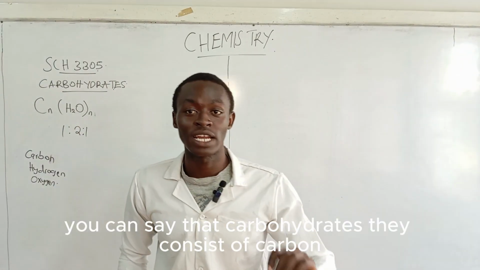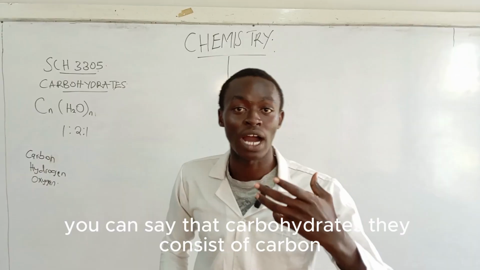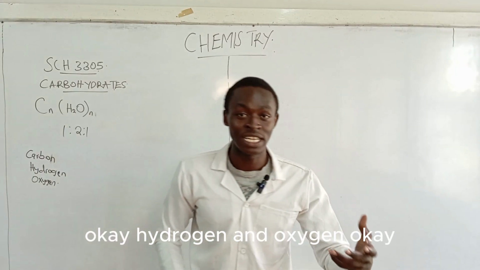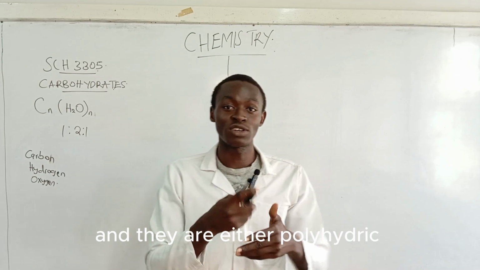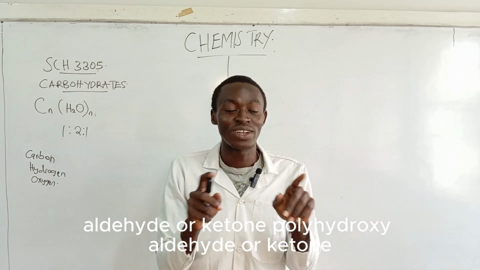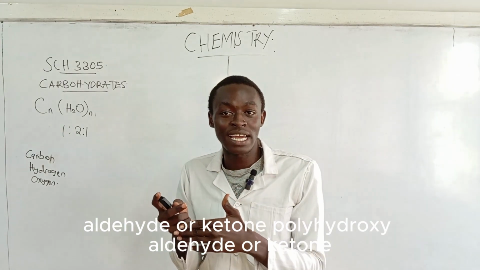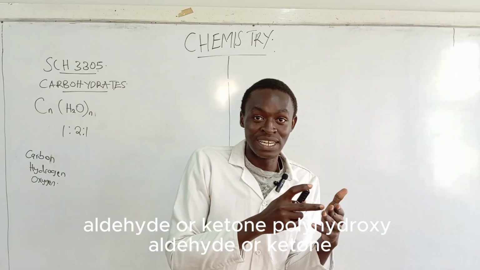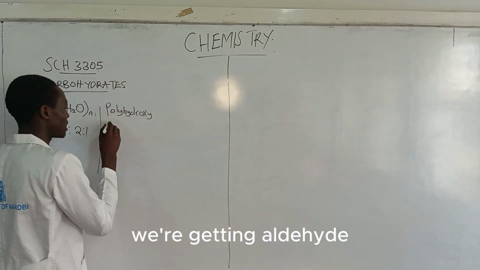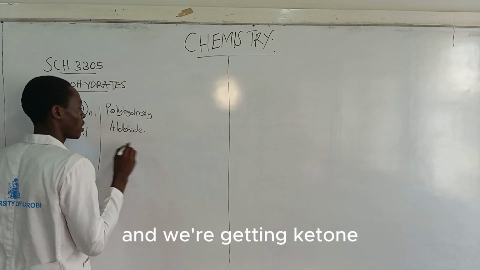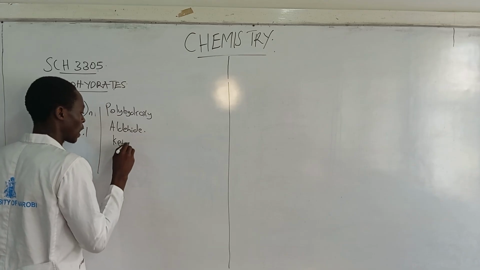So in simple terms, you can say that carbohydrates consist of carbon, hydrogen, and oxygen, and they are either polyhydroxy aldehydes or ketones. We're getting polyhydroxy, we're getting aldehyde, and we're getting ketone.